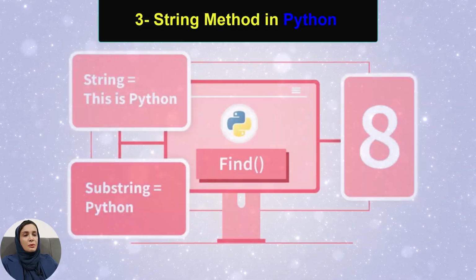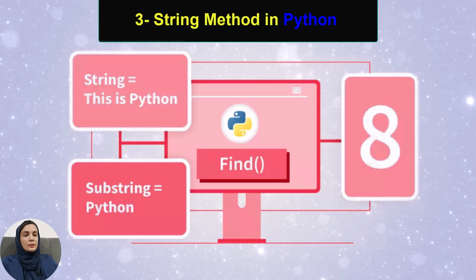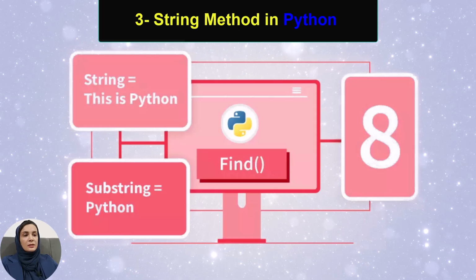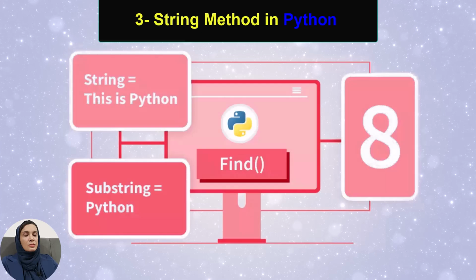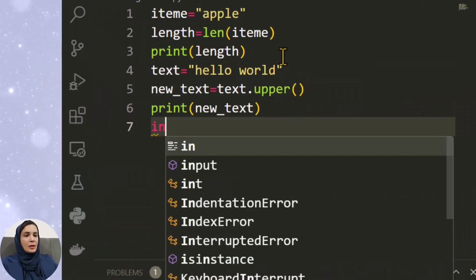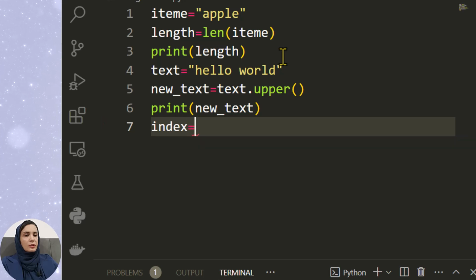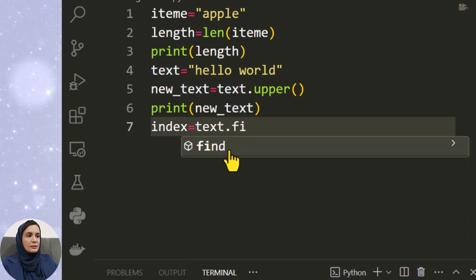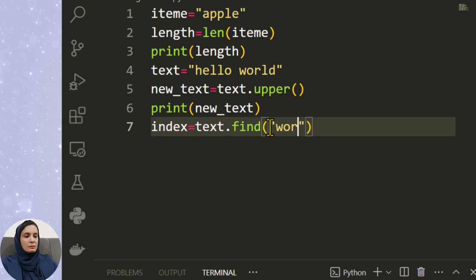Now suppose we want to search for a word or character in this string. We can use a string method like find. See an example. We want to search for the word in this string. So we type like this, string dot find, word.